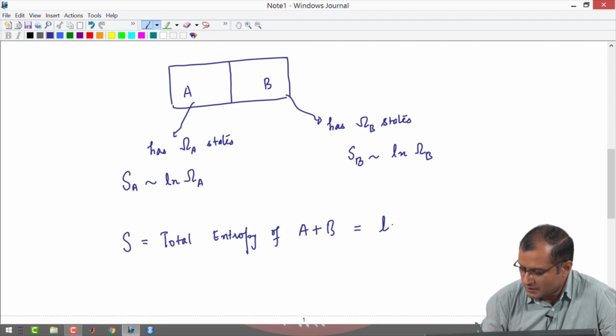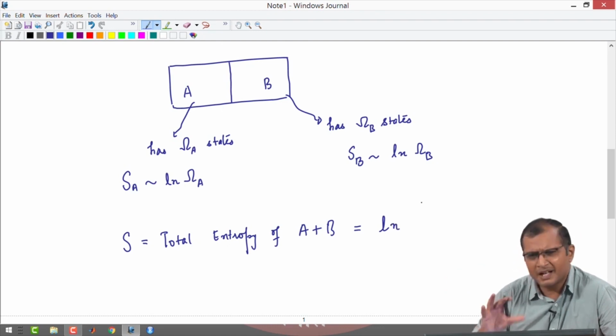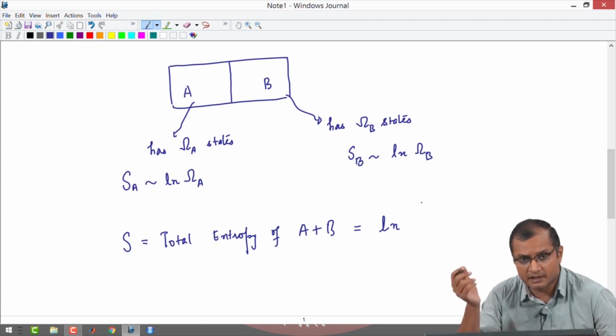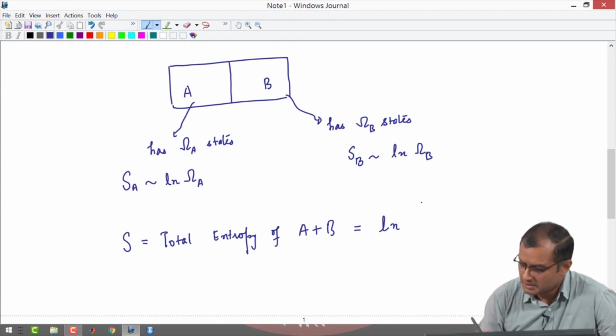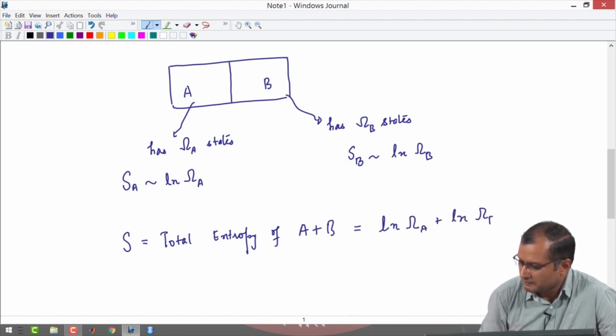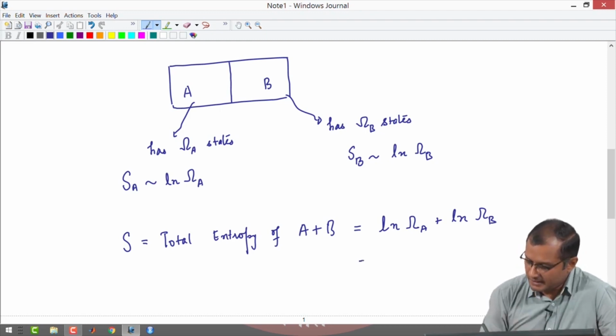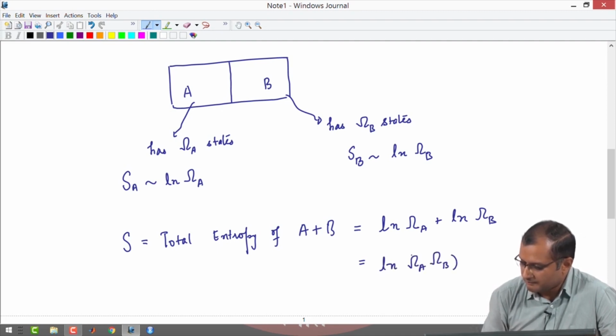This would certainly go as ln of, I am dropping the constant prefactors. Okay. The Boltzmann constant has been dropped, we have taken the Boltzmann constant to be 1. So, you can take it as ln of omega A plus ln of omega B. Okay. And then you can write it as ln of omega A times omega B.